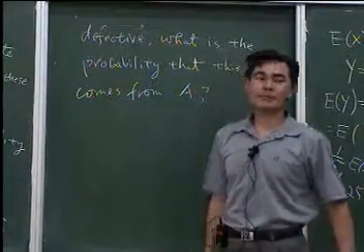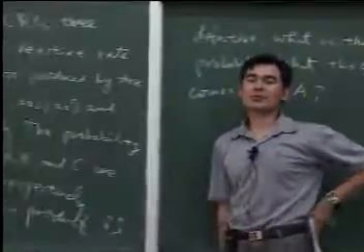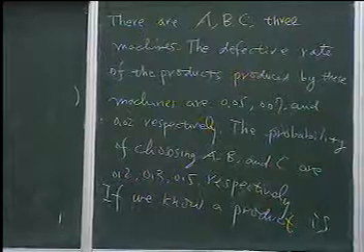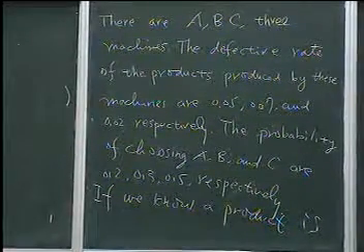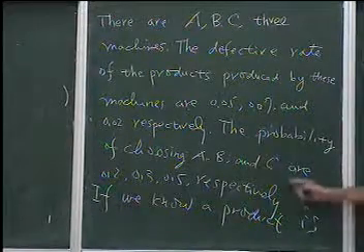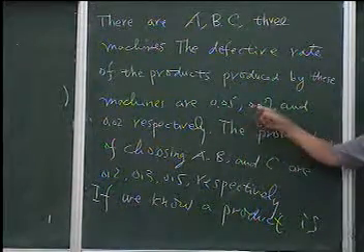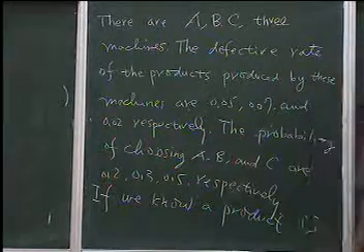Okay, now we have three machines: A, B, and C. These machines are used to produce products, and we know the probability that some of these products will be defective is 0.05, 0.07, and 0.02 respectively. So what does that mean?